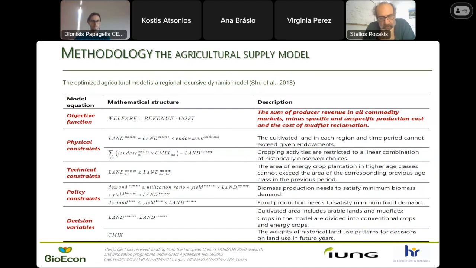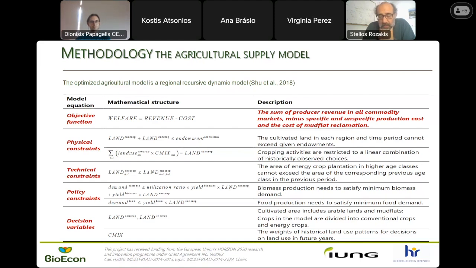Here is just a very short algebraic view of the relationships in the model: the objective function, which is the welfare of the farmers. We have physical constraints, technical constraints, and policy constraints. The decision variables include basically land, crop areas selected by the model to be cultivated in the region.